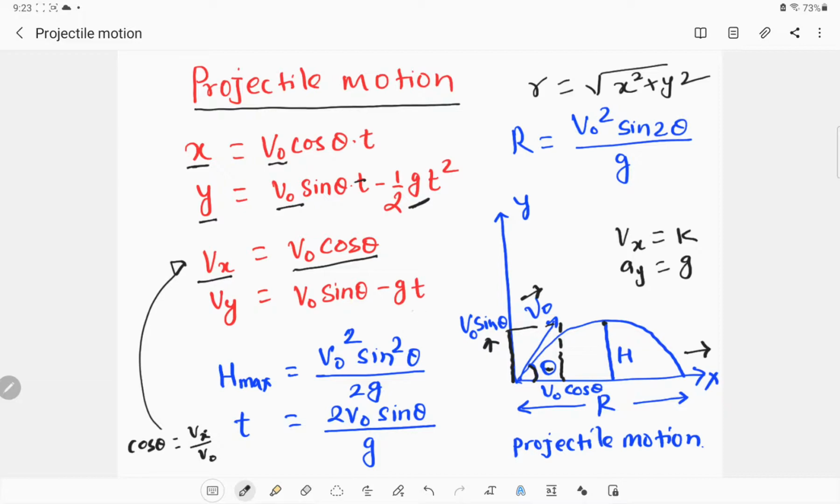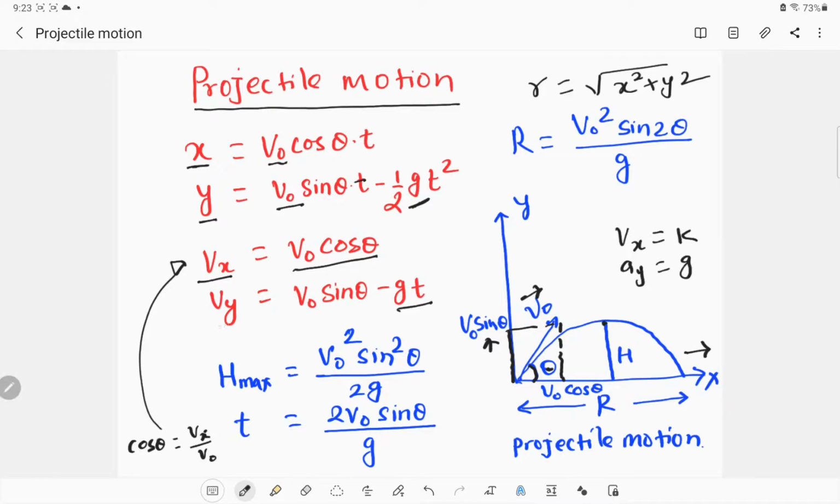Because of that, we have to put this term, because y acceleration is there. Gravity is pulling down, so y velocity is changing. That's why we said along the y-axis there is acceleration, right?